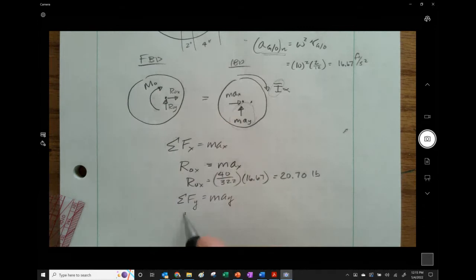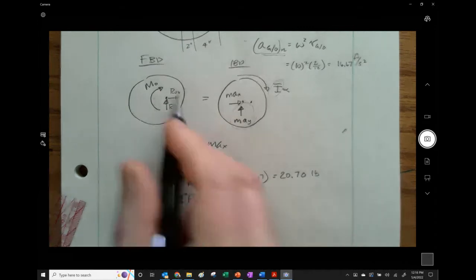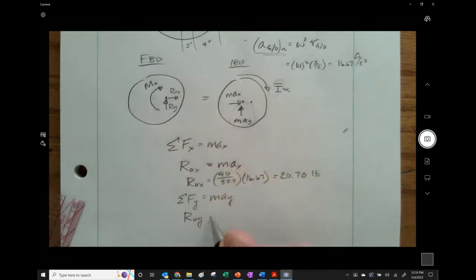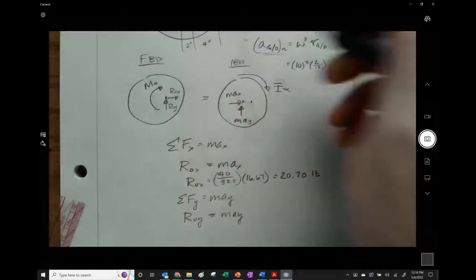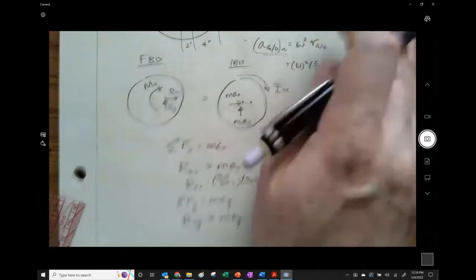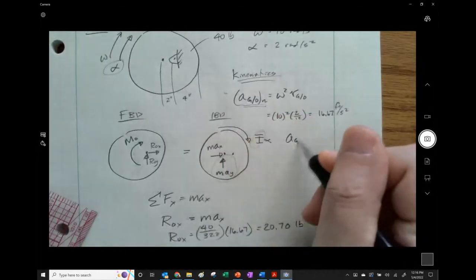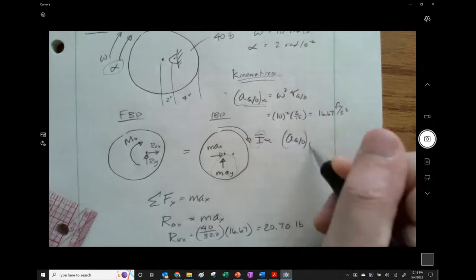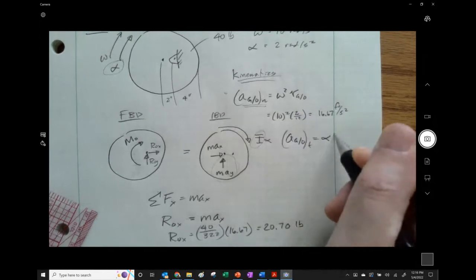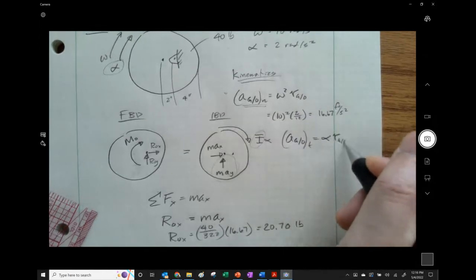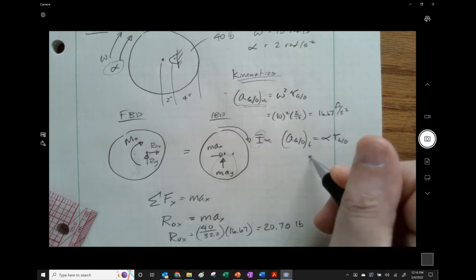Simple enough, because we have R_Oy, that's the only thing in there, and it's going to be equal to m a_y. And also from kinematics, maybe we should have noted above that the a_G with respect to O in the tangential direction was going to be alpha r_G/O, right?